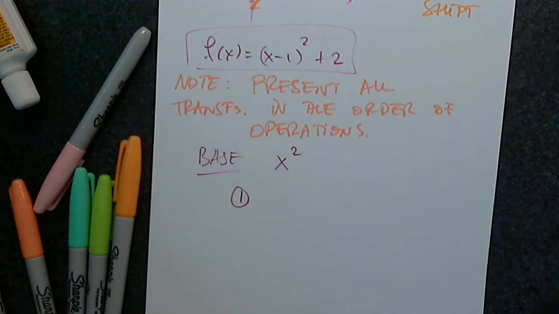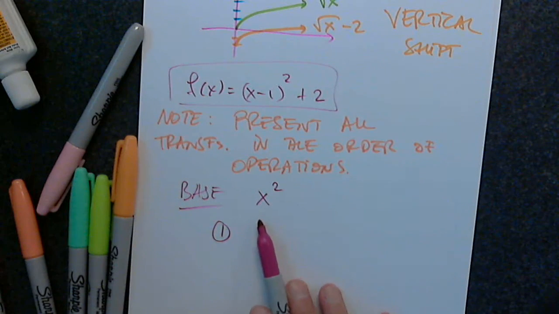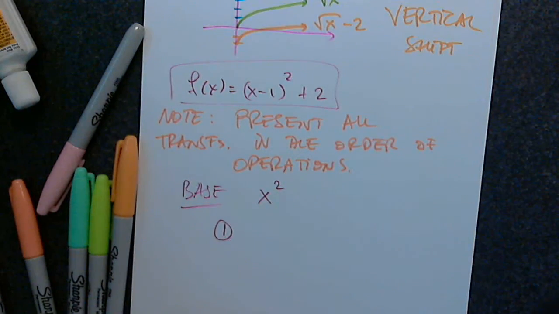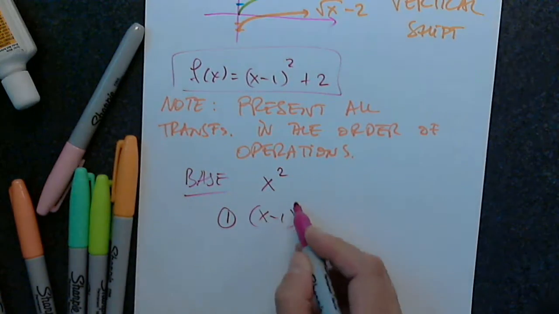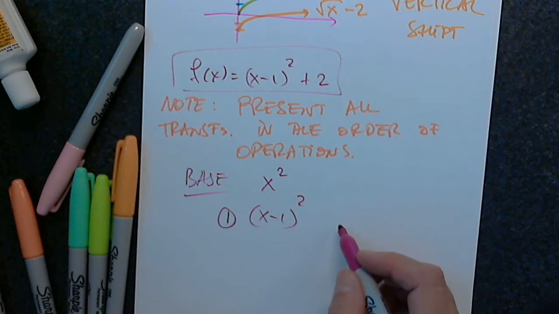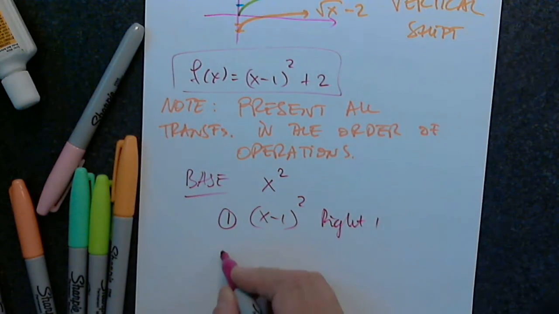What will be the first transformation that we apply to x squared in order of operations? Very good. X minus 1, which is a what type of shift? Horizontal. To the right. Right 1. Excellent.